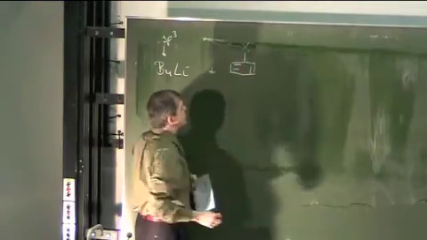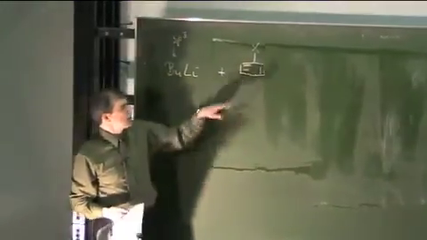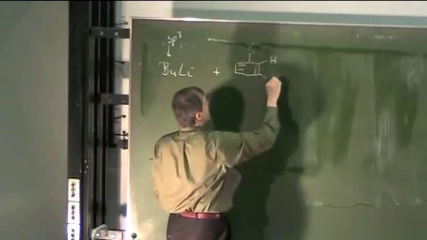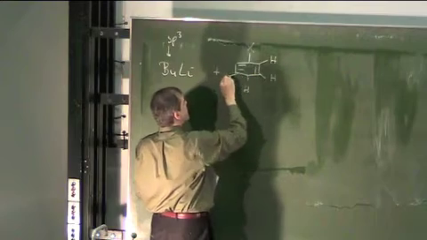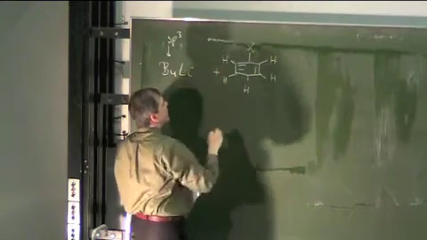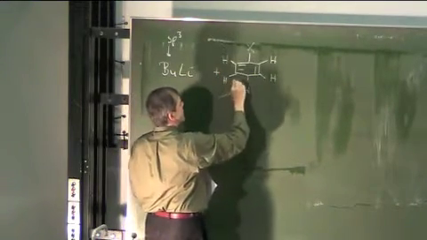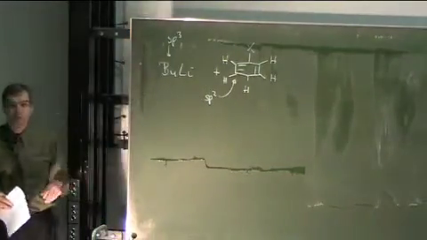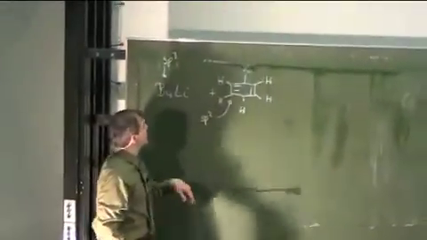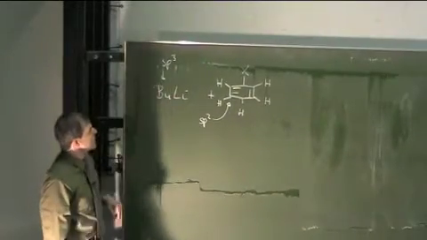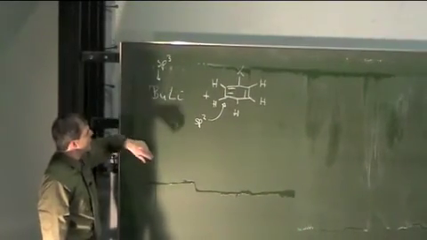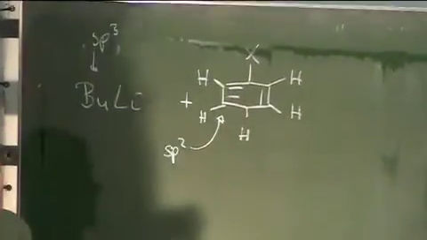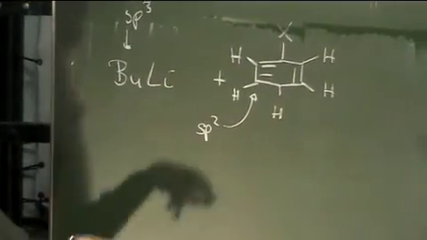And then you might go to a compound which has hydrogens on sp2 carbons. And again, from the acidity point of view, you are okay here. This is the more basic alkyl lithium. Butane is the weaker acid. This is the stronger acid, so this reaction should work.